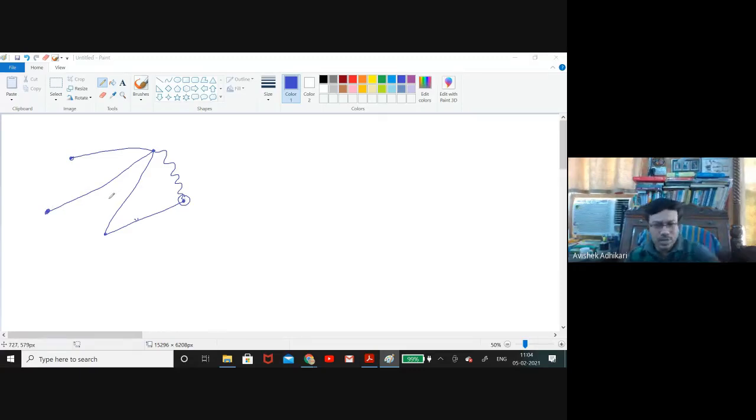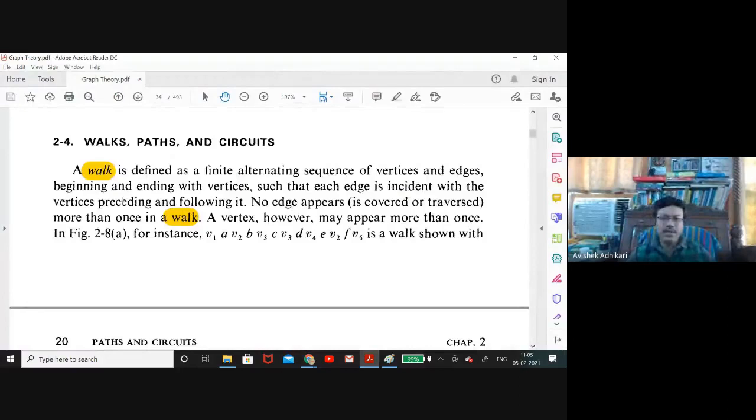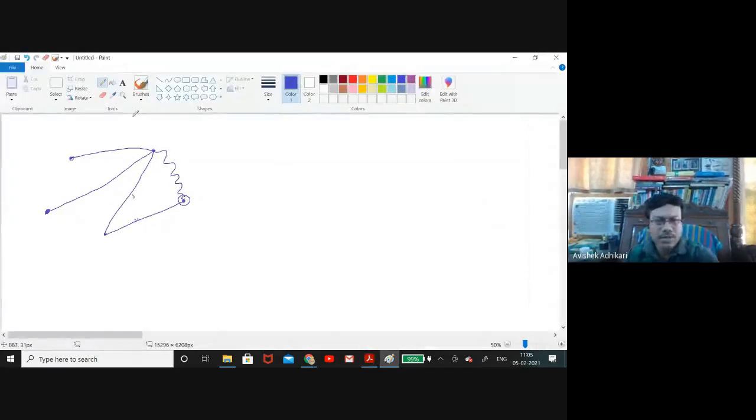Let us just directly read out from this definition. A walk is defined as a finite alternating sequence of vertices and edges, beginning and ending with vertices, such that each edge is incident with vertices preceding and following it. So what does it mean? Suppose this is the vertex V1, this is the vertex V2, there is maybe a loop here, and this is the vertex V3, then V4, and V5.